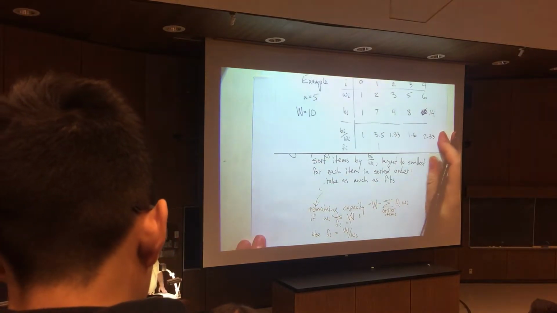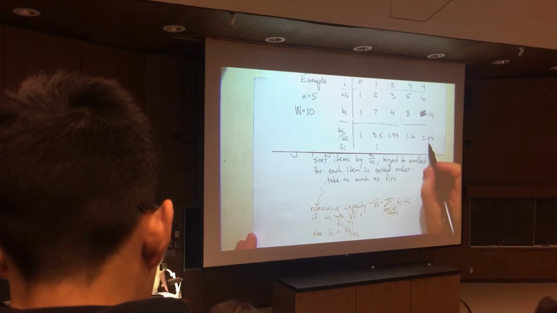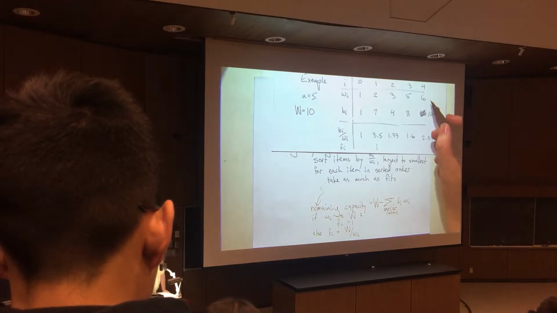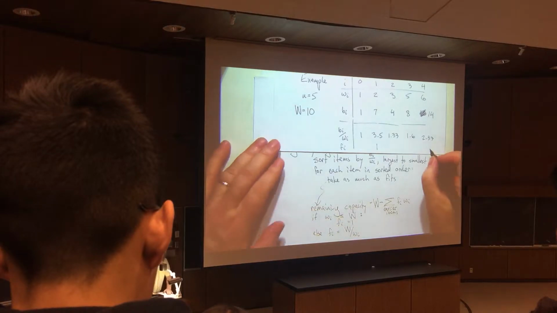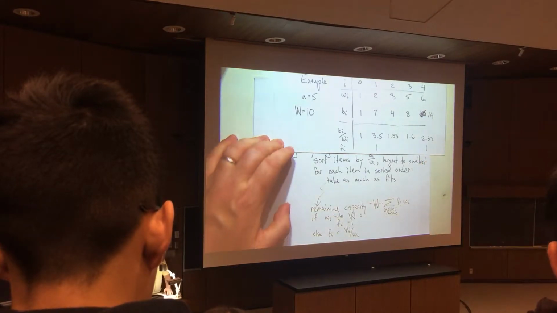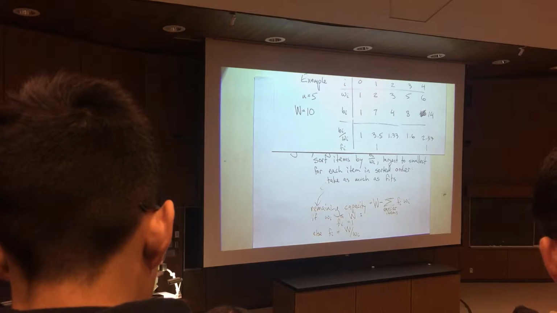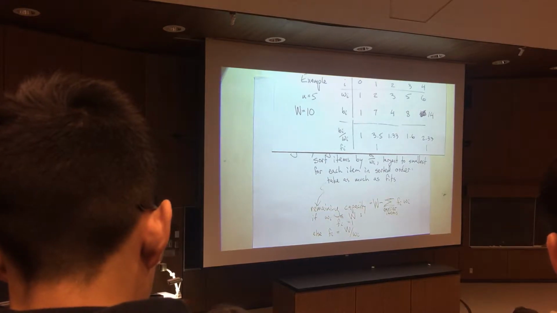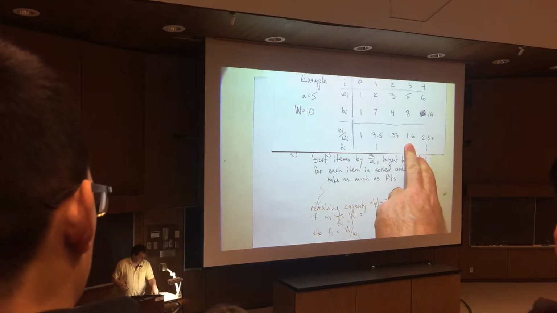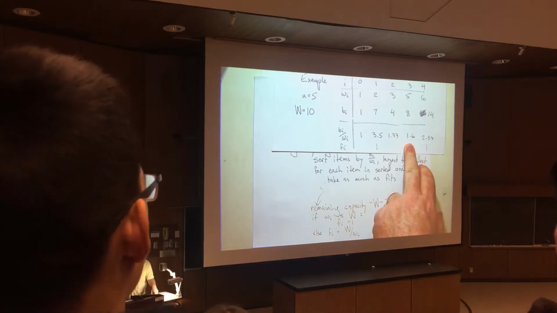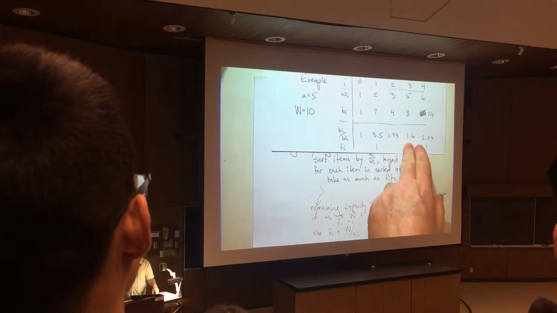Next item is this one with size 6, value 14. We have 8 units of capacity left, and only a size of 6, so we can fit all of this item. The next item has benefit over cost 1.6.